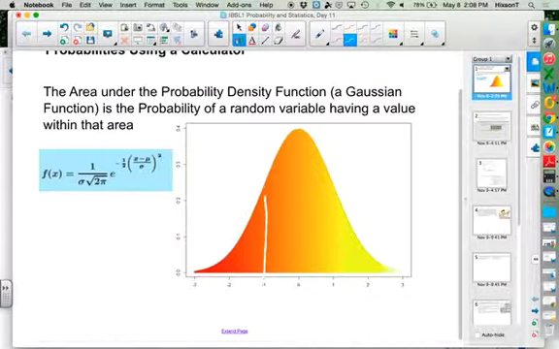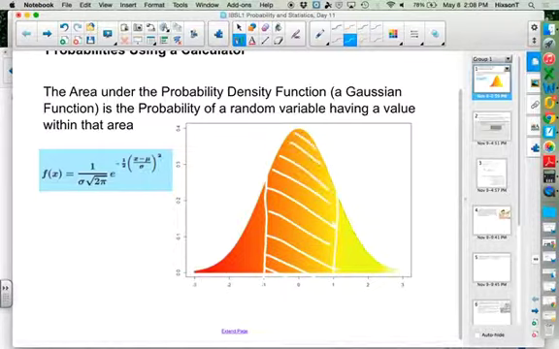If I found the area from -1 standard deviation to +1 standard deviation, if I found this area right here, that area would equal 0.68. Approximately. So we're really finding areas.